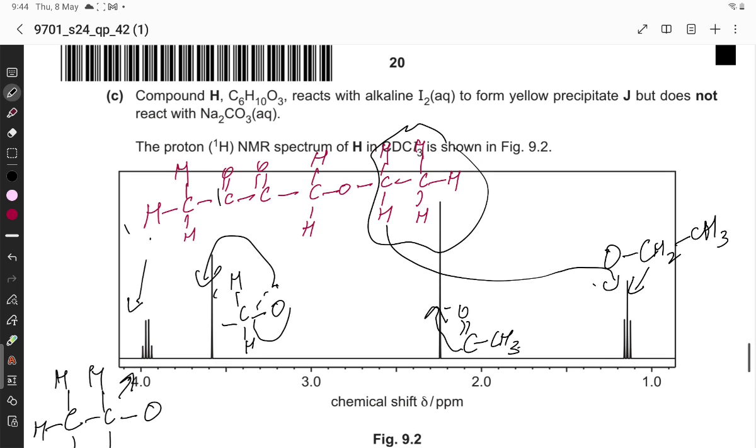Compound HC6H10O3 reacts with alkaline iodine to form yellow precipitate J, but does not react with Na2CO3.